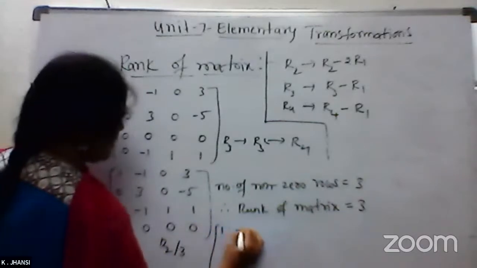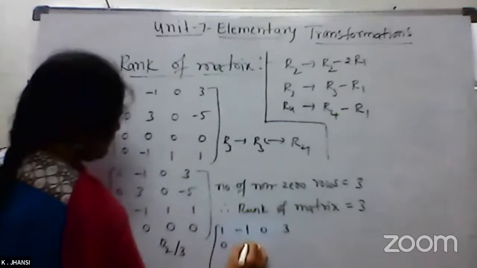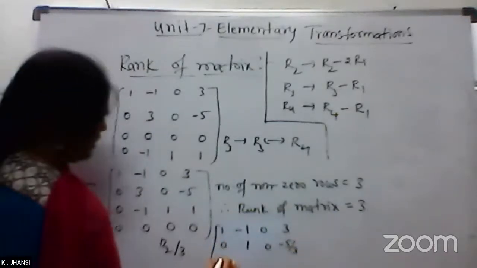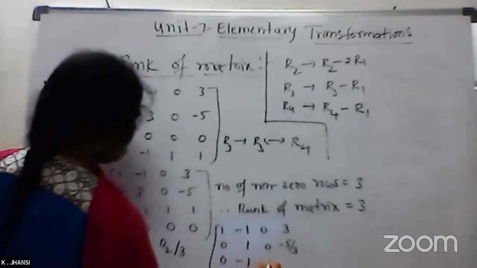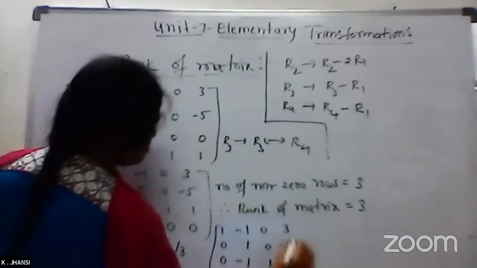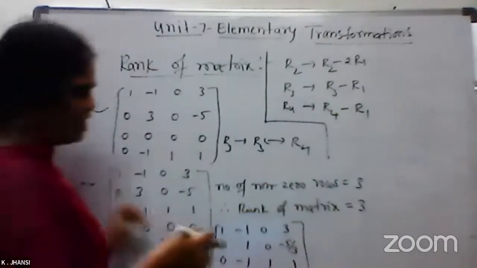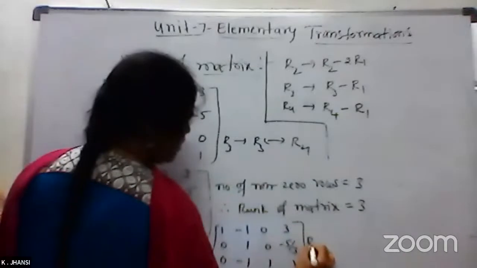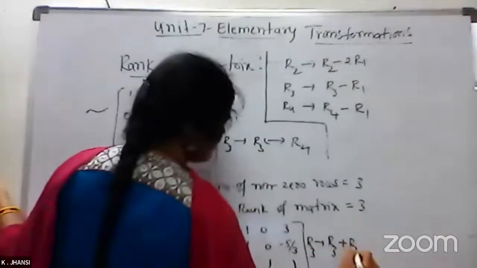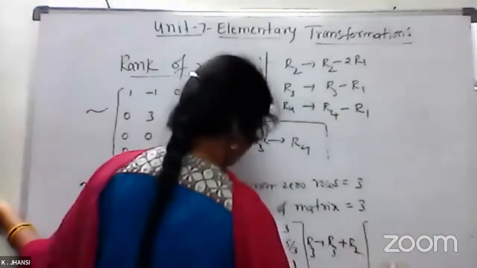So 1 minus 1, 0, 3, 0, 1, 0, minus 5 by 3. Then you will get 0, minus 1, 1, 1, 0, 0, 0, 0. If you want to make it an upper triangular, we can use this one. Now you can do R3 as R3 plus R2. Here also we will get the same one.